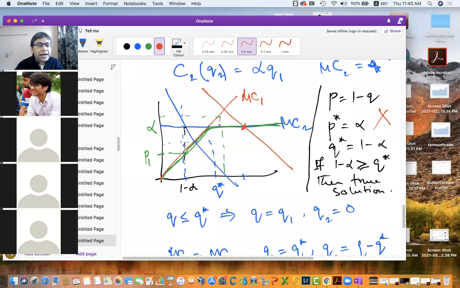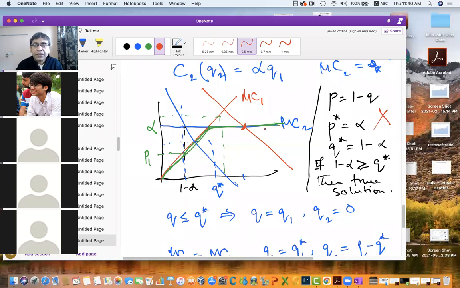So when you have a kink like this, once again, to recap, you first assume that the equilibrium is in the flat segment, find the quantity, and see if the quantity lies to the right of the kink. If it's to the right of the kink, you have found the true market equilibrium. If it happens to be to the left of the kink, then this is not the true thing.